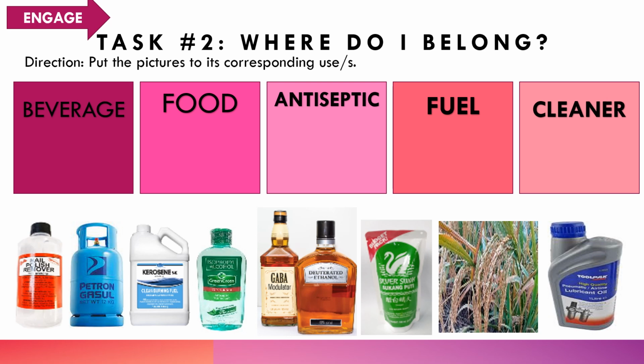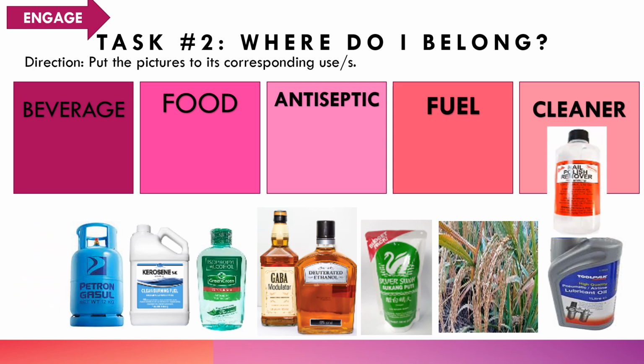First picture, we have the nail polish remover. So where does the nail polish remover belong? Is it a beverage, food, antiseptic, fuel, or cleaner? Alright, nail polish remover is a cleaner.